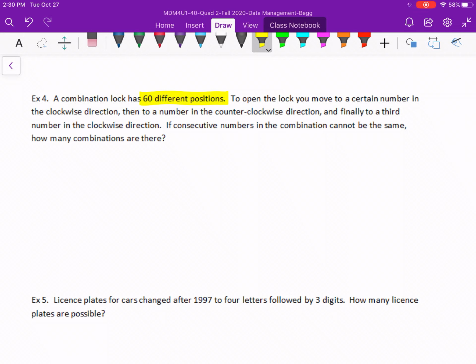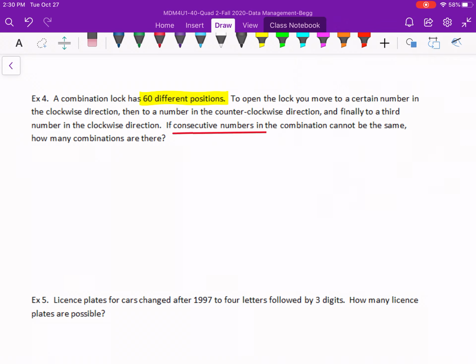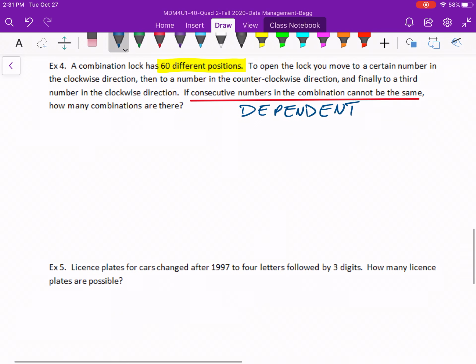If consecutive numbers cannot be the same, so we can't repeat consecutive numbers, how many combinations are there? Well, first, once again, I like to identify that this is a dependent events situation, since any number I pick can't be repeated in the next one. It does affect my outcomes.